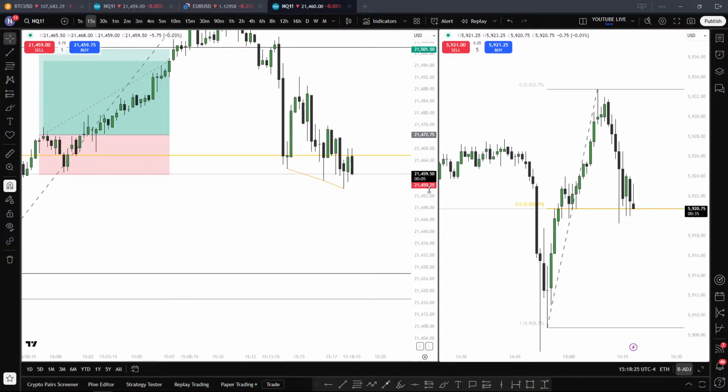Yeah, I know there's an SMT on the highs, but it's not like definite that we're going lower. I'll say we just leave it and just wait for Nvidia.